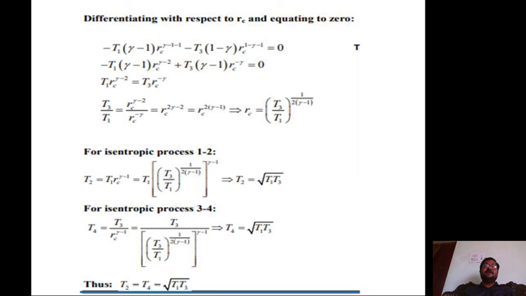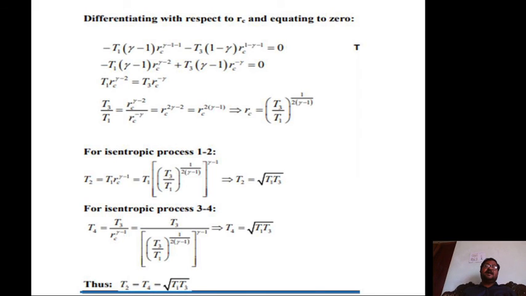Like that, this also is one statement you may be asked. In the similar manner, for isentropic process 3 to 4, again in a similar manner, T4 is equal to root of T1 T3. That is why T2 is equal to T4 is equal to root of T1 T3.